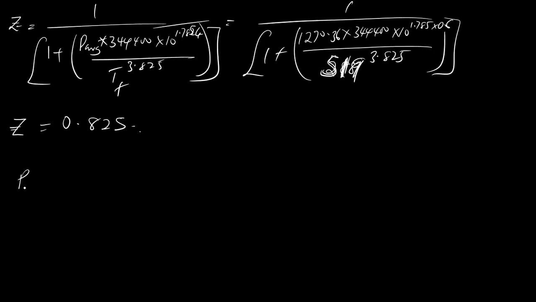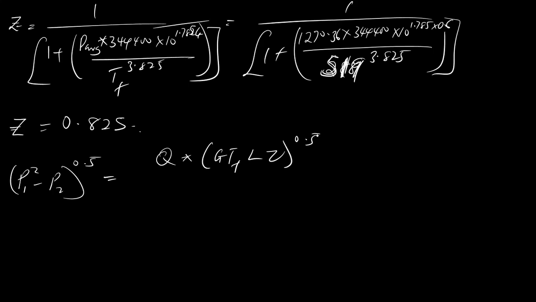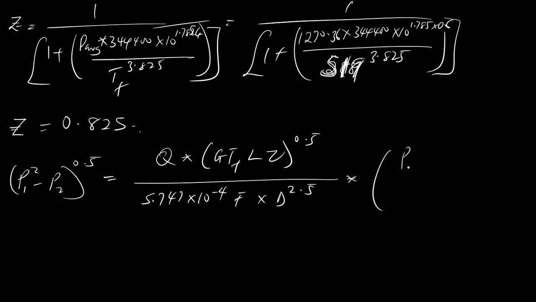Now we have our P1 squared minus P2 squared all raised to power 0.5 equal to the flow rate times GTFL Z all raised to power 5 divided by 5.747 times 10 raised to power minus 4 F times D raised to power 2.5 times pressure divided by temperature.